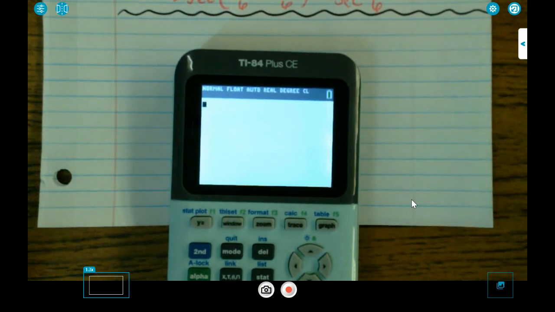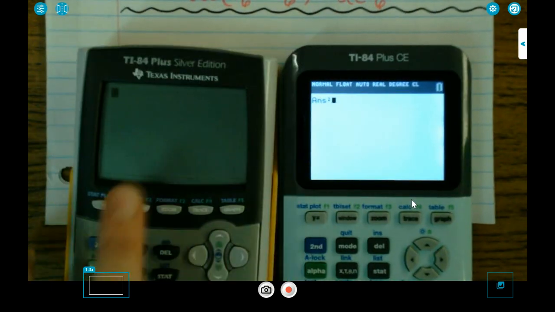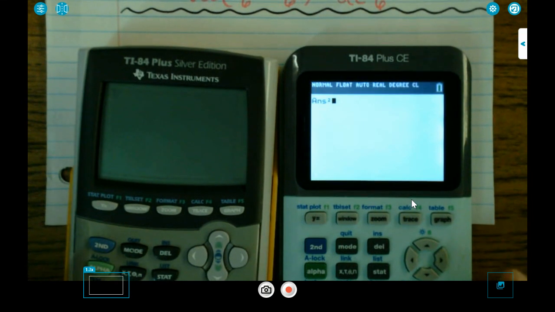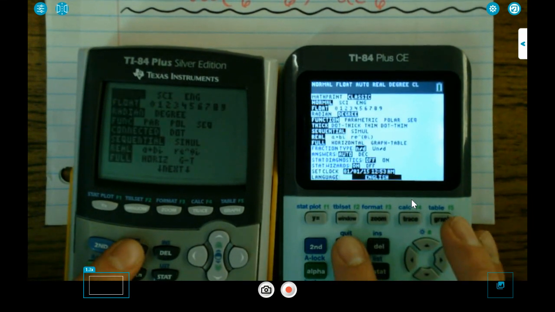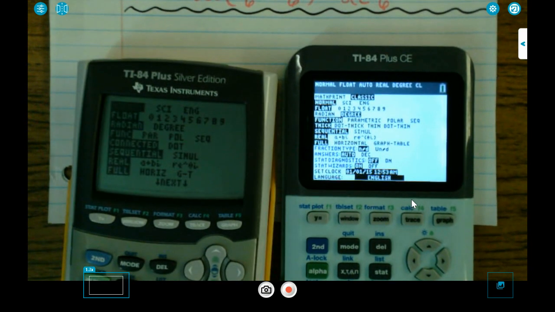So that's what we're talking about. Okay. So your calculator has to be in degrees if you want it in degrees, and it has to be in radians if you want it in radians. So this is the calculator that Noe is using. This is the calculator that the rest of you guys are using. Both calculators, you hit the button that says mode right next to the second button, and then you scroll down.